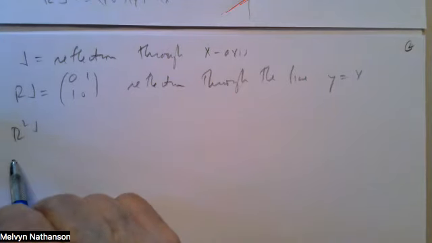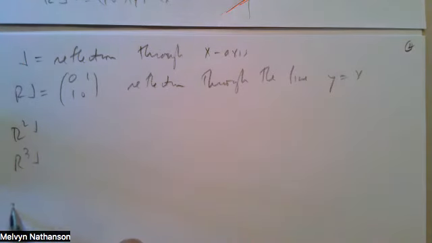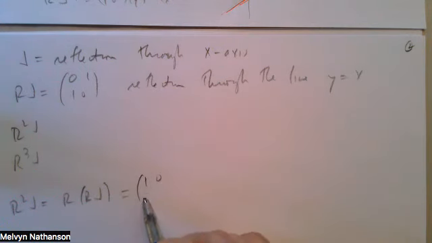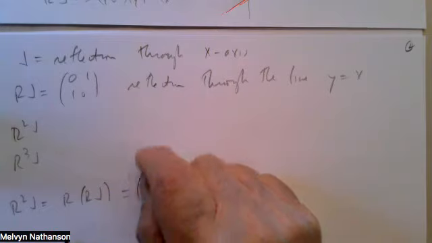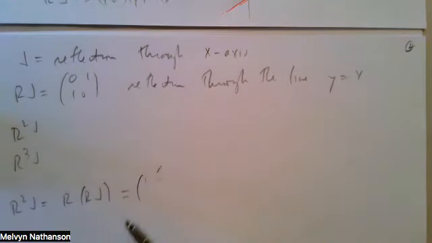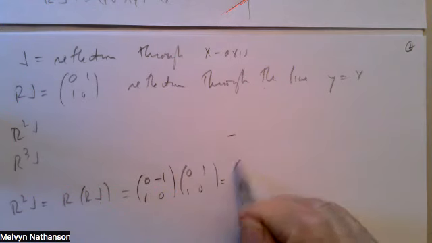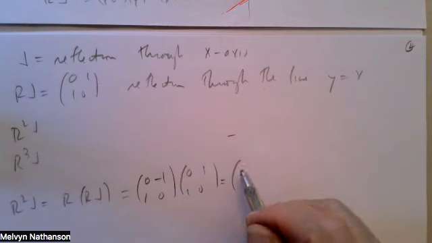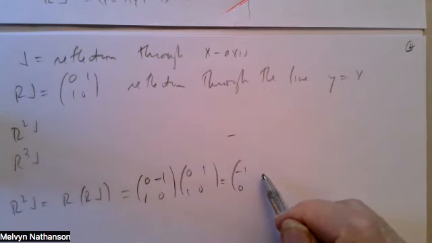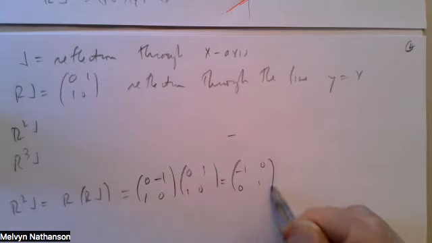I also want to calculate R squared j and R cubed j. So R squared j is R times Rj. R, let's remember, is 0, minus 1, 1, 0. And Rj is 0, 1, 1, 0. If you do your matrix multiplication, this is the matrix minus 1, 0, 0, 1.